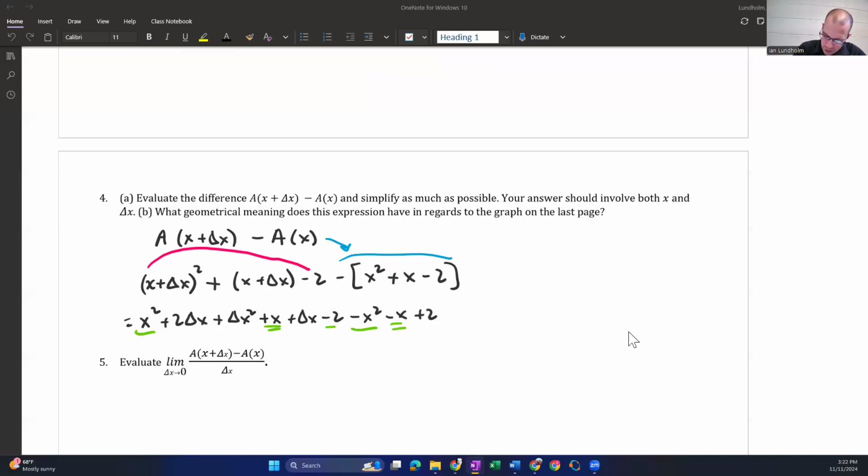And then this minus 2 cancels out with that plus 2. So those terms purely cancel out. And what we're left with is 2 delta x, plus another delta x. So we've got 2 delta x plus another one. So that should be 3 delta x, and then plus delta x squared.